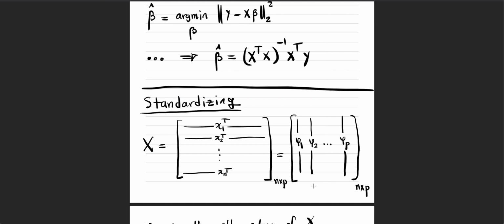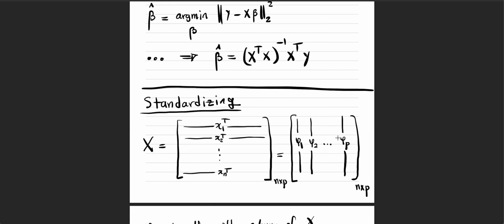We have p columns, and each column we call phi, phi1, phi2, phi p, and this is in contrast to the n rows we have. So we can have n rows or p columns, and each of the columns is one predictor.